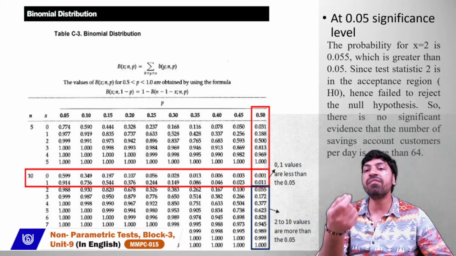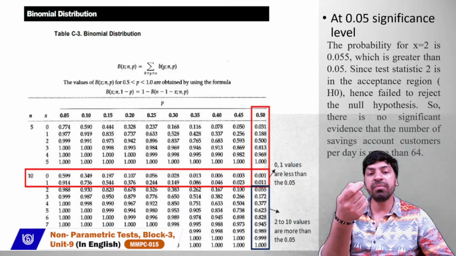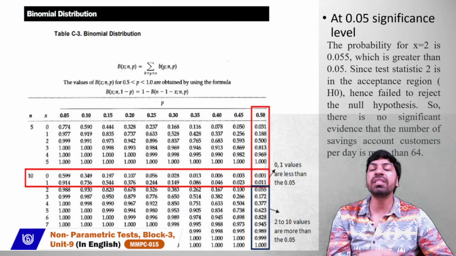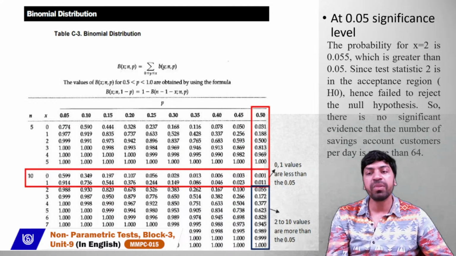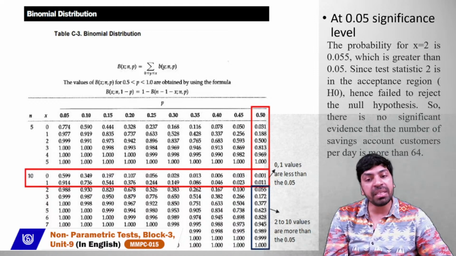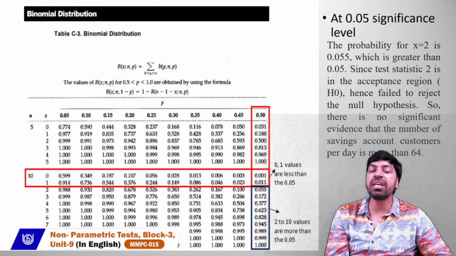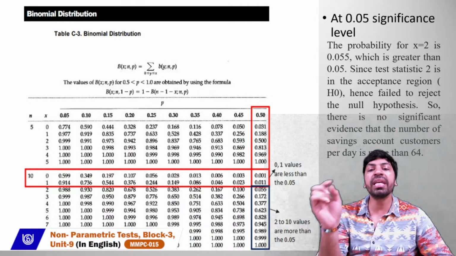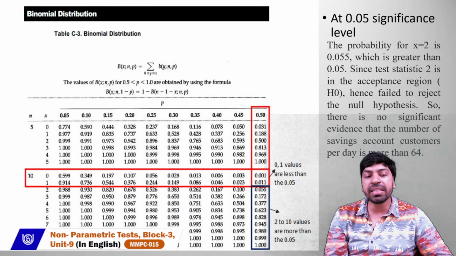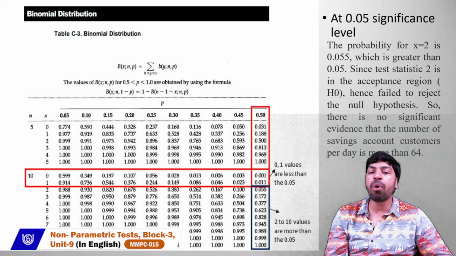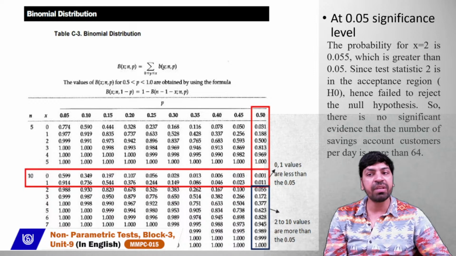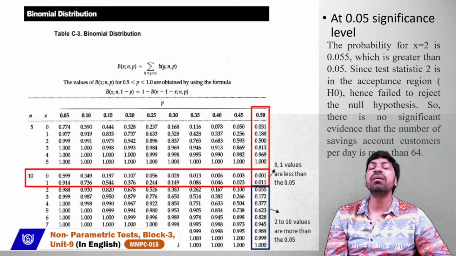So we can conclude at the 0.05 significance level, as we can see, the minimum value of the minus and positive signs is 2. So we need to check the probability for x equal to 2, which you can see in the table is 0.055, which is greater than the significance level of 0.05.